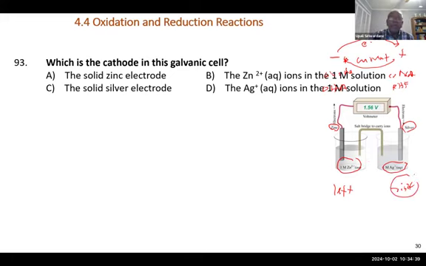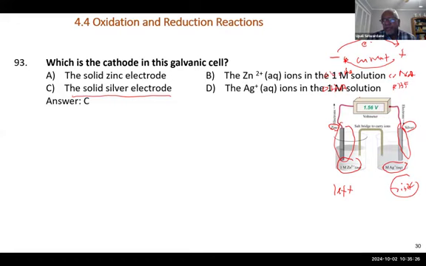The right side is silver. Therefore, silver is the cathode in the electrochemical cell given here.